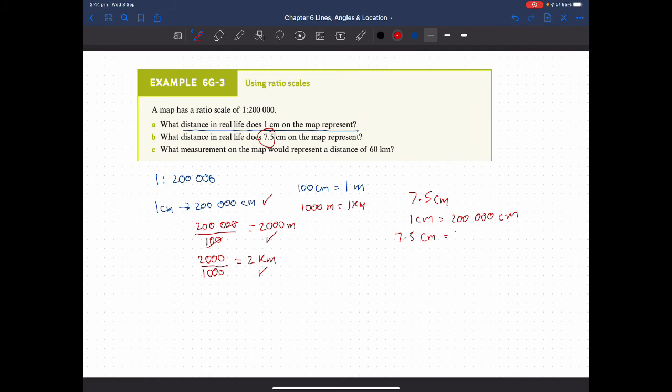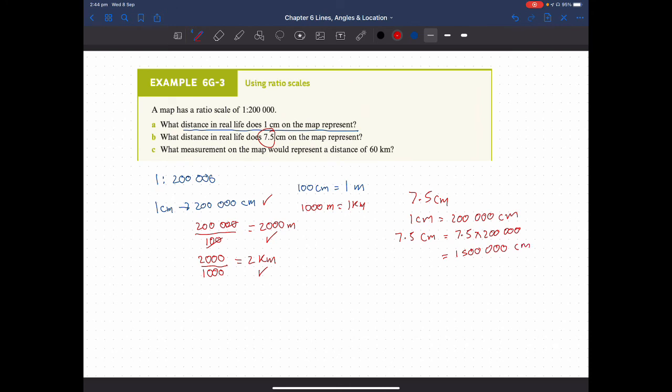But then I'm also going to multiply my 200,000 by 7.5. That is going to give me 1,500,000 centimeters, which is a lot of centimeters.